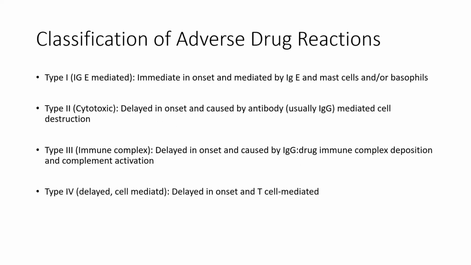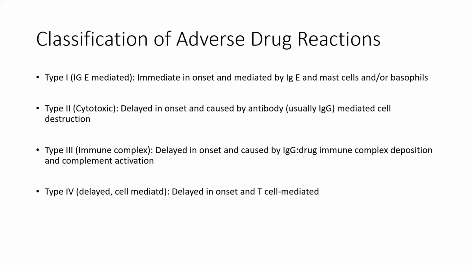As you know, there is a classification of adverse drug reactions. Type 1 is IgE mediated, which is immediate in onset and mediated by IgE and mast cells and/or basophils. We typically get urticaria as well as angioedema with these reactions.